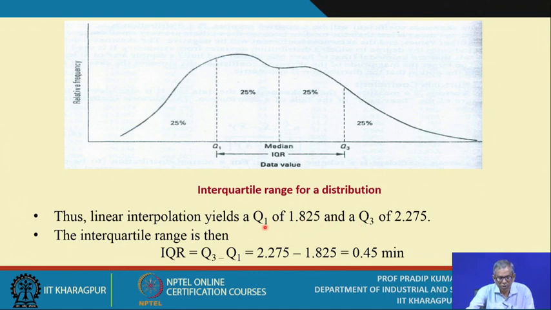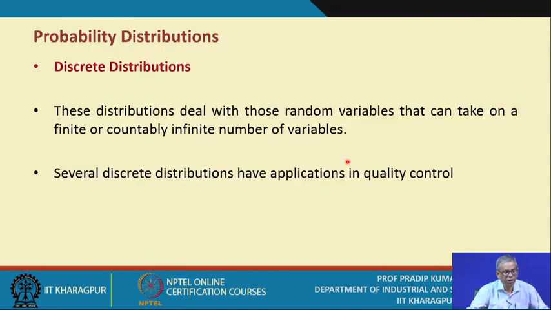Q1 is 1.825 and Q3 is 2.275, so the interquartile range is the difference, that is 0.45 millimeter. This is the relative frequency versus the data value. 25% of the data points are less than Q1, and 75% of the data points are less than Q3. So this is the interquartile range.